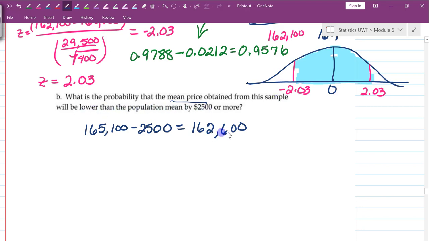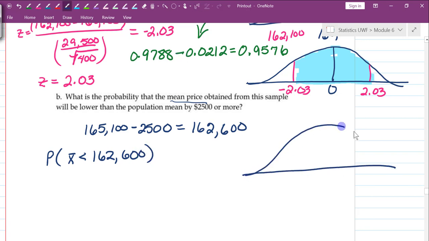And it says, what's the probability that the mean price obtained from the 400 will be lower than this right here? So we're saying, what's the probability that X bar will be less than 162,600? So we're going to draw a picture that represents that. We'll put 165,100, and then we're going to come over here and put 162,600.